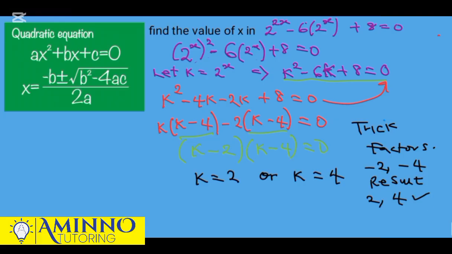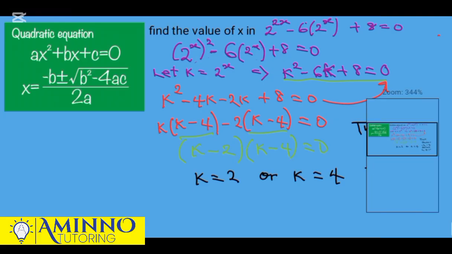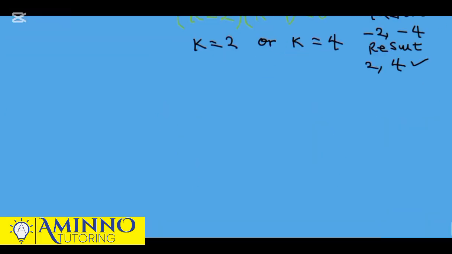But the question is, is this where this is going to end? No. Don't forget, we said that our k is equals to 2 power x. That's our k. Now, we had our k1 to be what? 2, and our k2 to be 4.